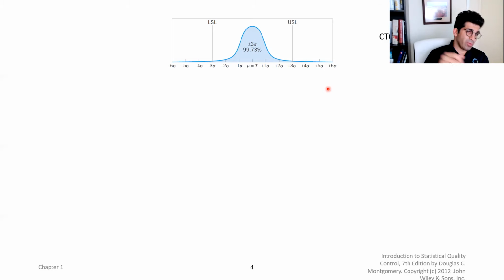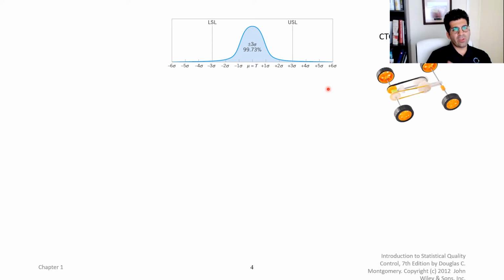But that distribution in the center is what we actually are producing. And whatever is outside of those vertical lines is basically waste or defects because they don't meet the specifications. Let's look at an example.